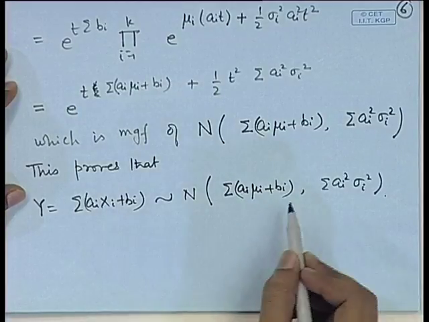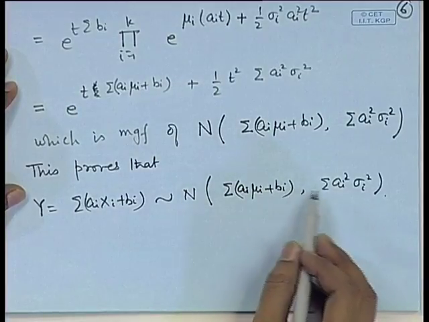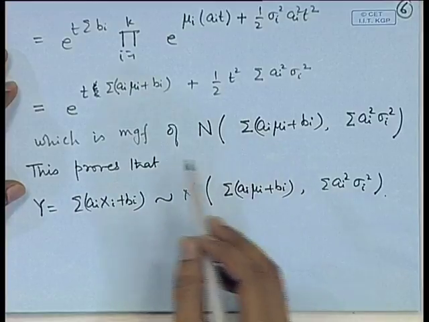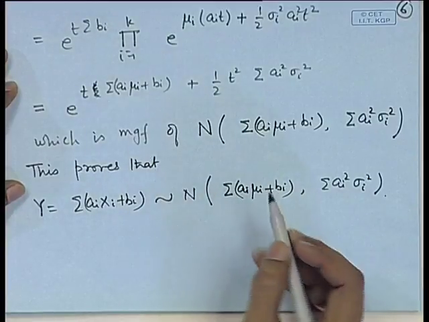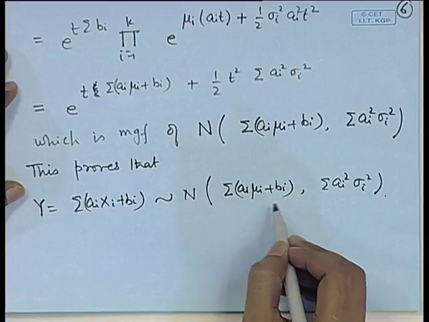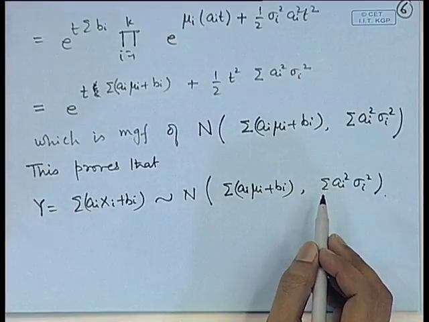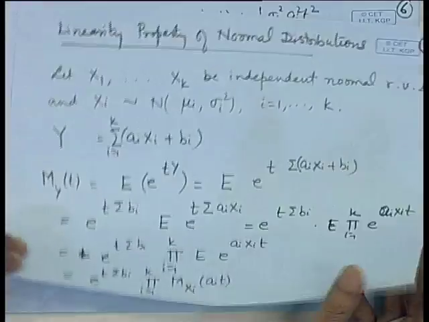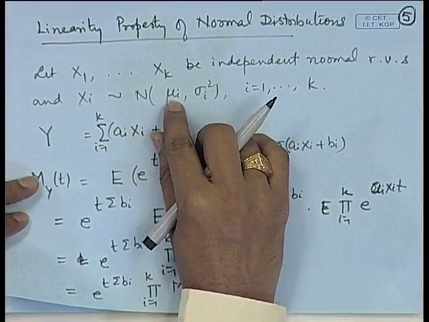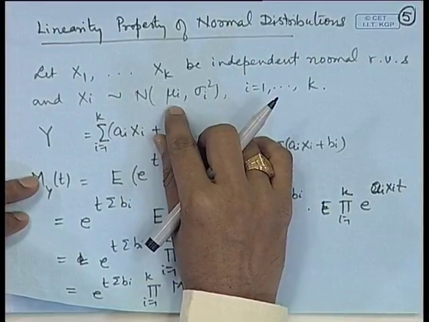So, in the case of normal distributions, it is not only the sums, but any linear combination of the independent normal variables that follows a normal distribution. Another important thing to notice here is that in the normal distribution case, we can vary both the parameters.